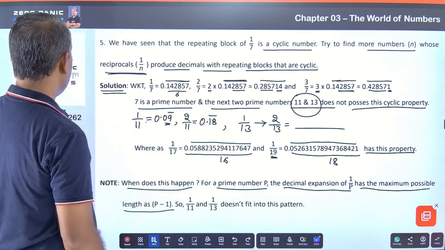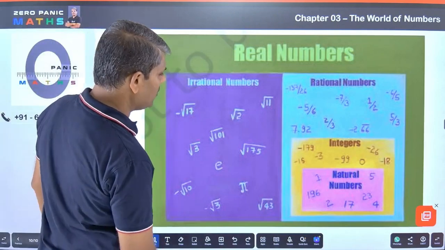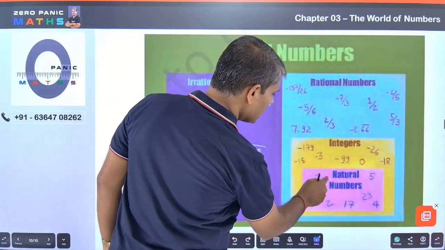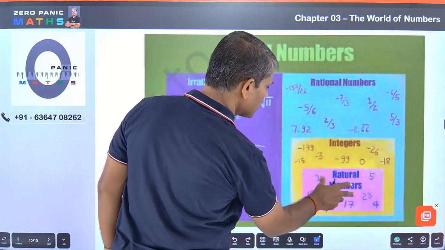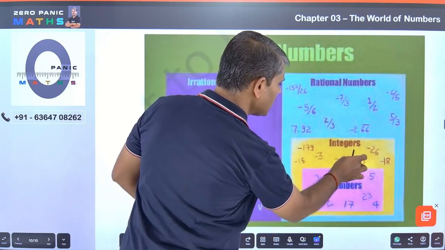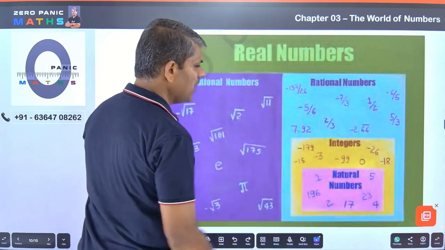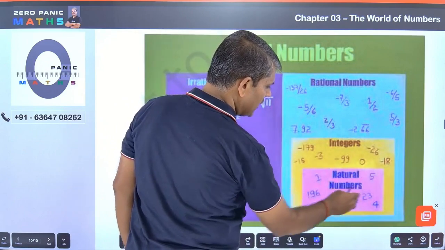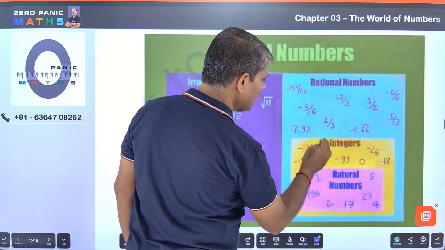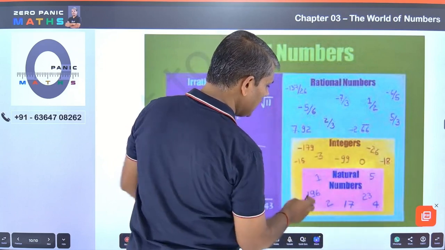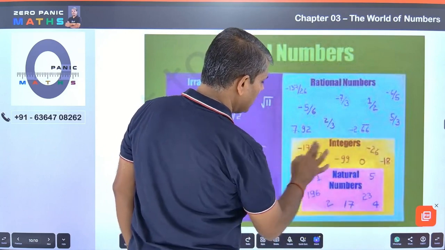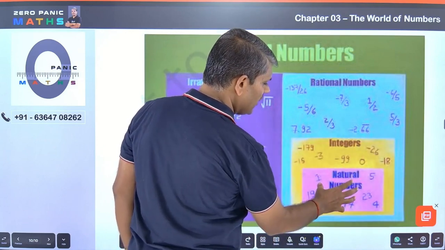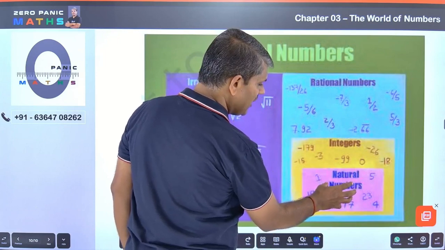Now you can see that in the very beginning they started with natural numbers 1 2 3 4, some positive numbers, and natural numbers along with 0 made whole numbers. If you have the negative counterparts of these positive values, that makes it integers. Pictorially, the yellow part is the superset of the pink part, which is natural numbers.